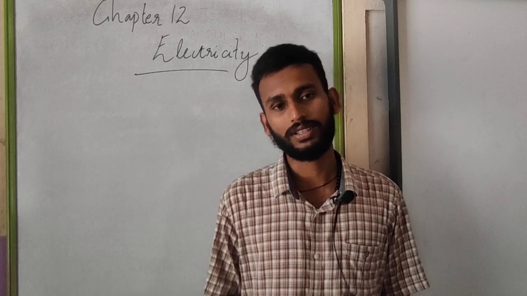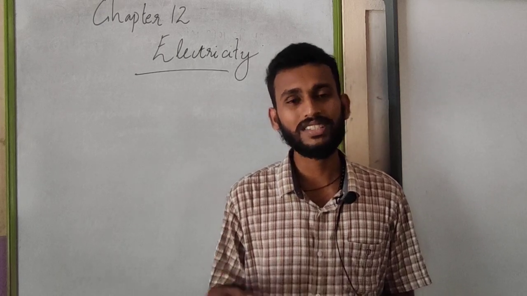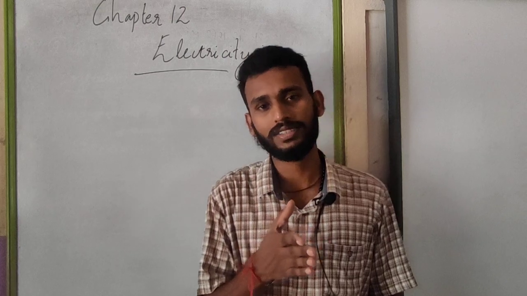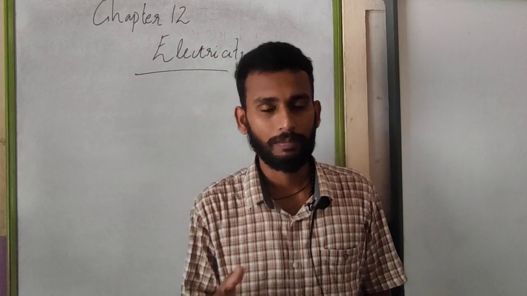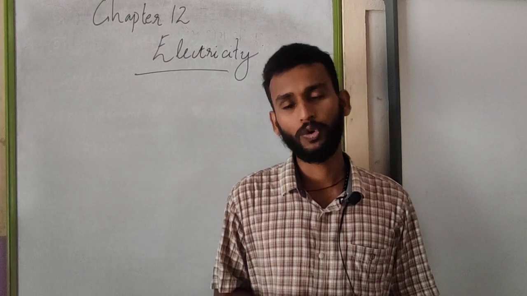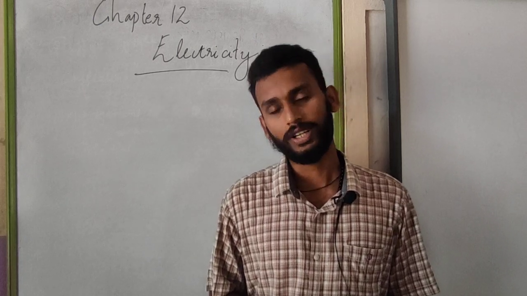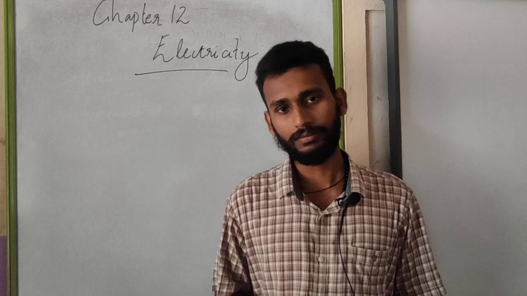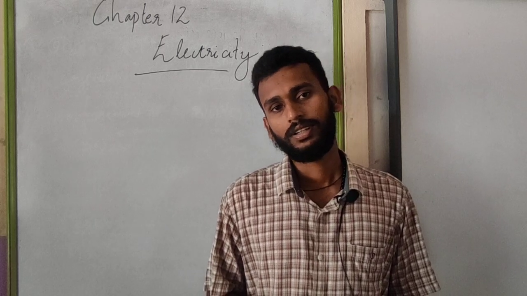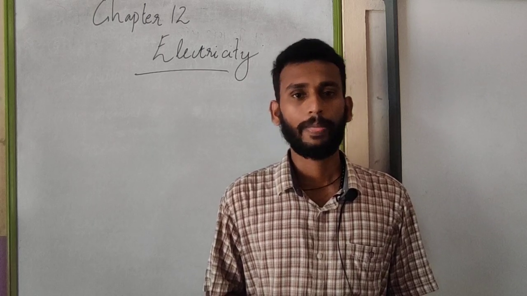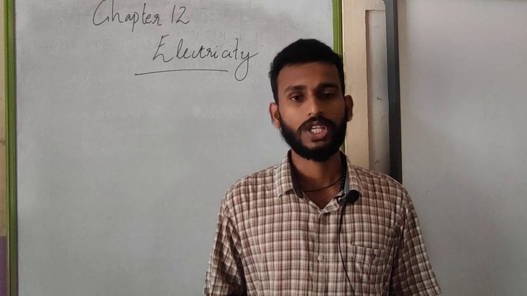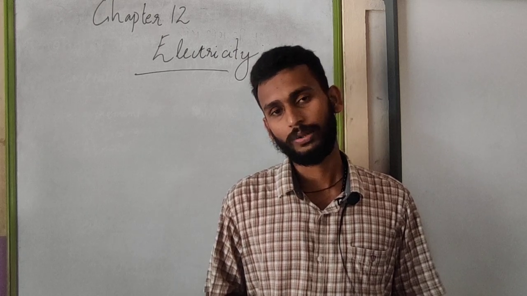The current of water, the current of air, that means the movement. The current itself represents the movement. So the movement of the charge is known as electric current. Okay. So how can you define the charge?